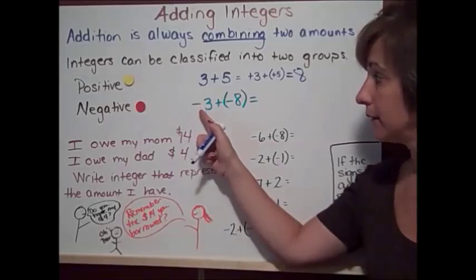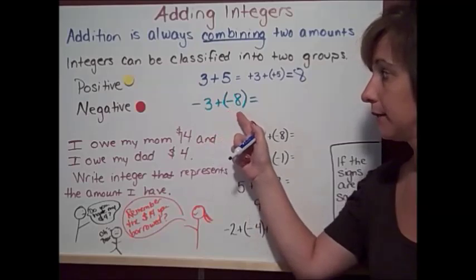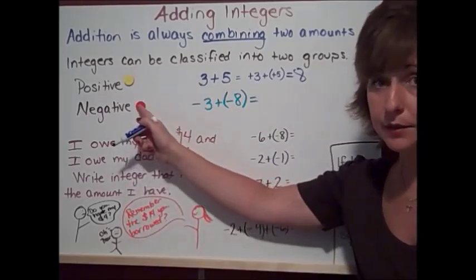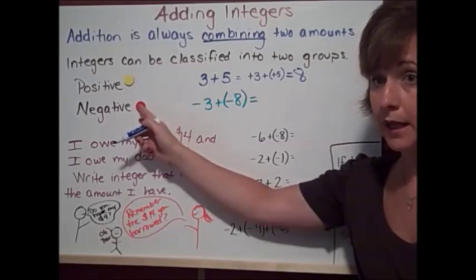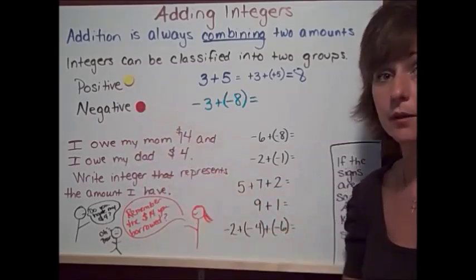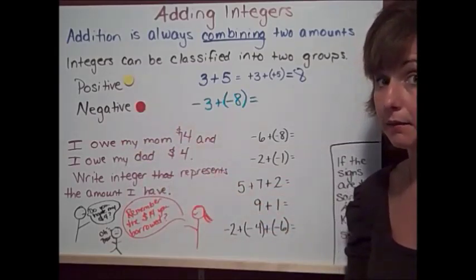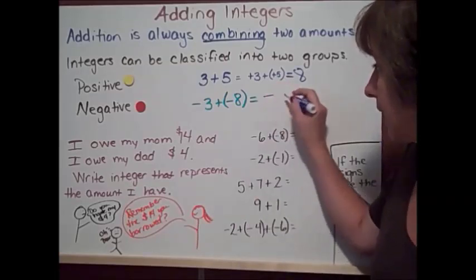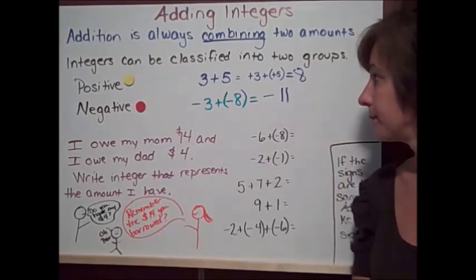And this says negative 3 plus negative 8. Which means if I had 3 reds to represent negative 3, and I got 8 more reds to represent negative 8, I would have 11 reds, which would represent negative 11.